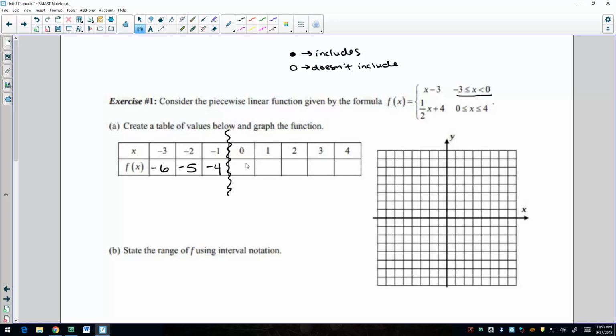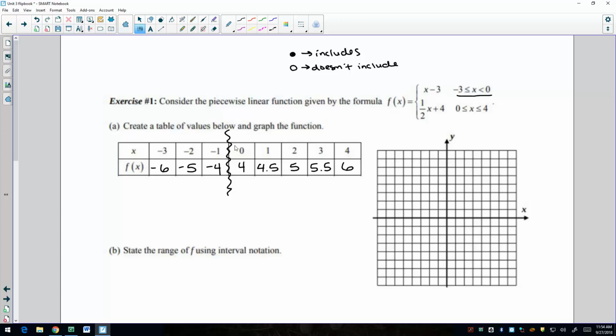Half of 0 is 0 plus 4 is 4. Half of 1 plus 4, that's 4.5. Half of 2 is 1 plus 4 is 5. Half of 3 is 1.5 plus 4 is 5.5. Half of 4 is 2 plus 4 is 6.